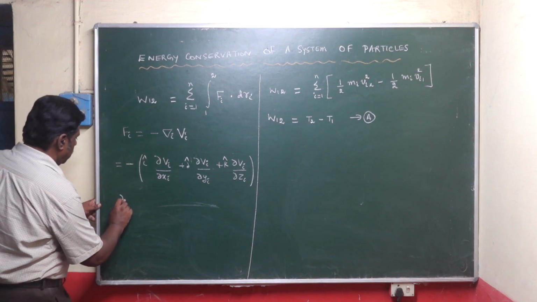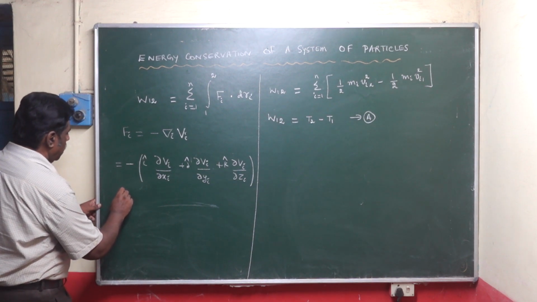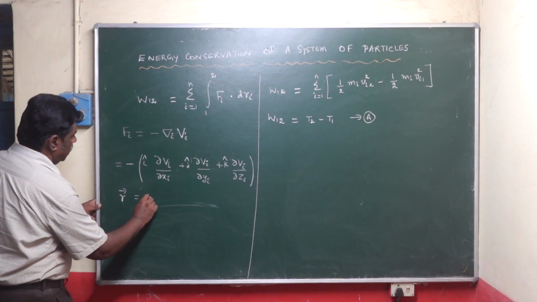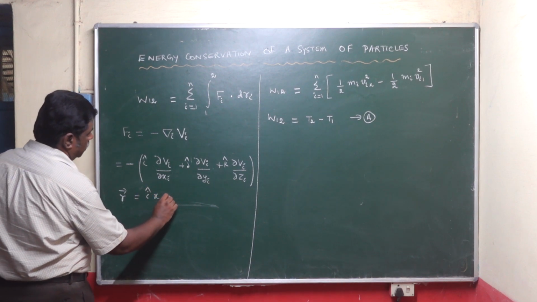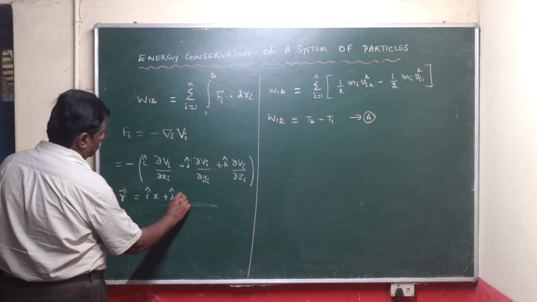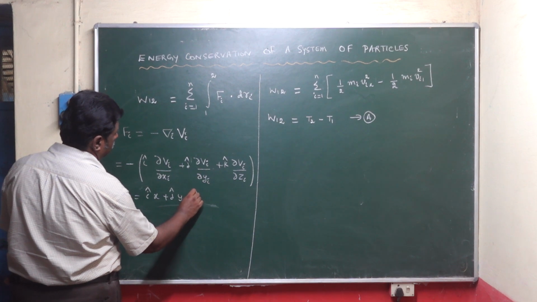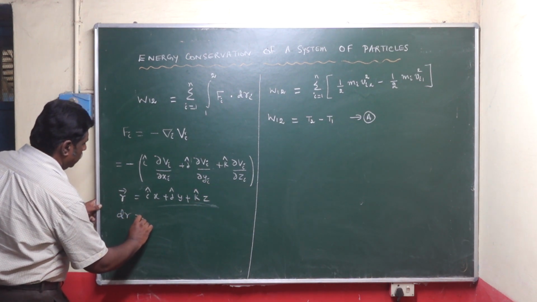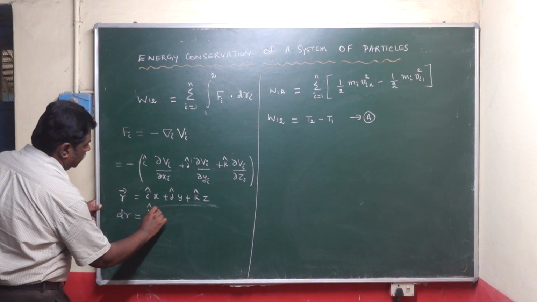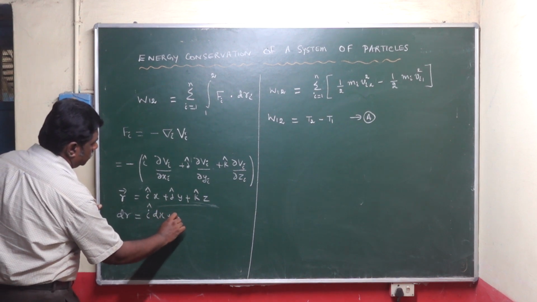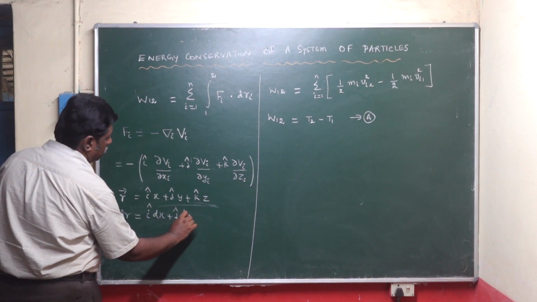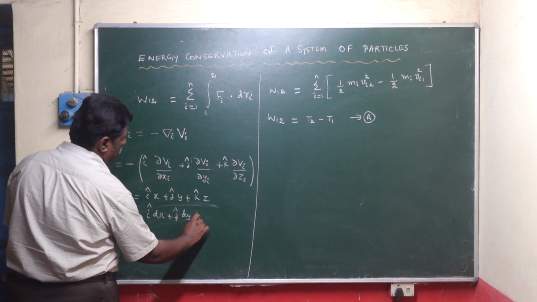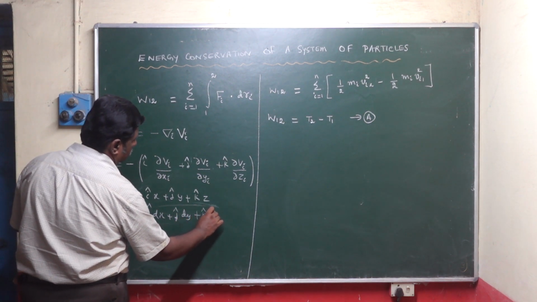You know the position vector r = i x plus j y plus k z. Then dr = i dx plus j dy plus k dz.